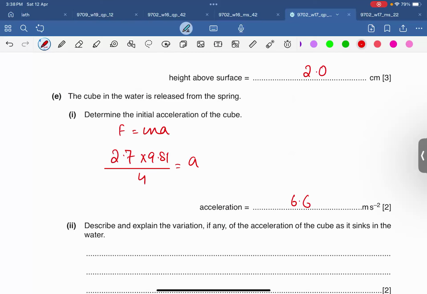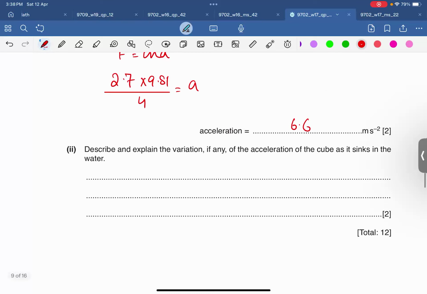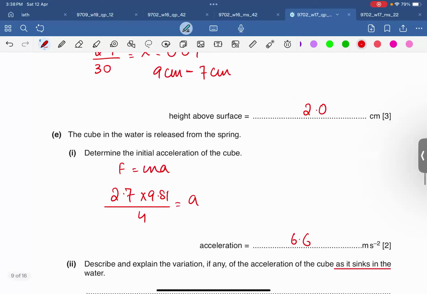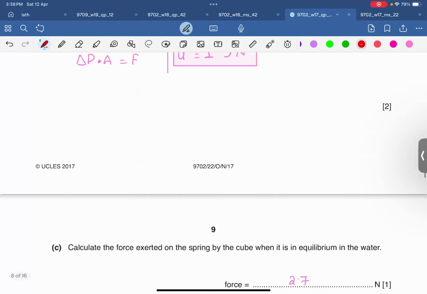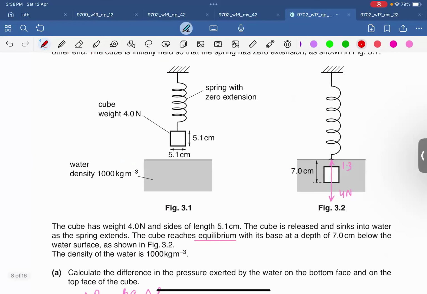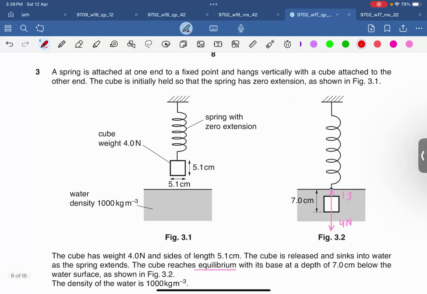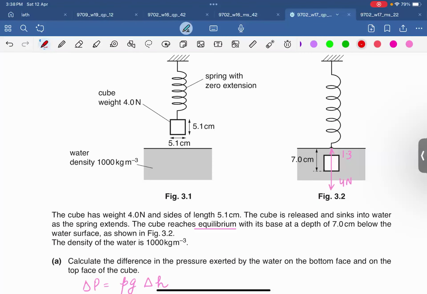And now the last part, which most of you guys did incorrectly: describe and explain the variation, if any, of the acceleration of the cube as it sinks in the water. So basically as it moves inside, the acceleration reduces and it achieves equilibrium, which means the acceleration goes to zero, right?